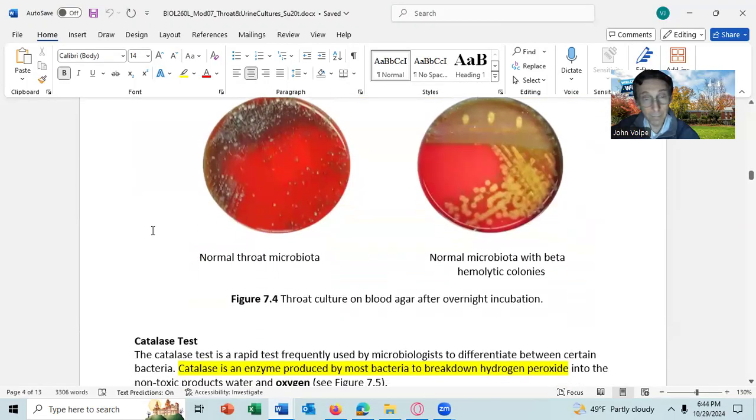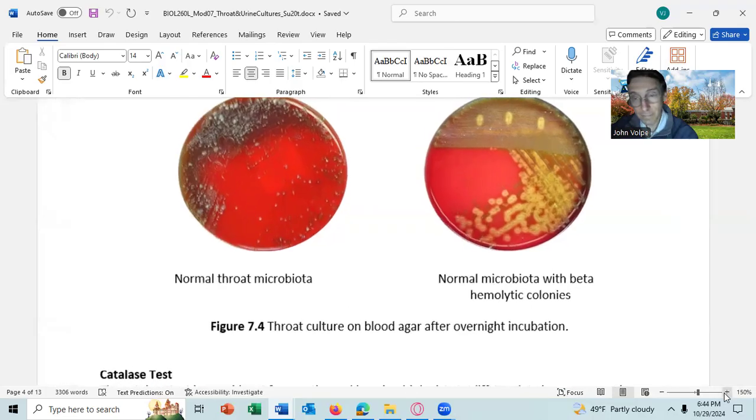So we have a blood agar plate, and this is a blood agar negative, which is showing you mainly gamma hemolysis or no hemolysis. There's a little bit of alpha hemolysis up here, meaning darkening of the media. And then here, let me blow this up so you can see it better.